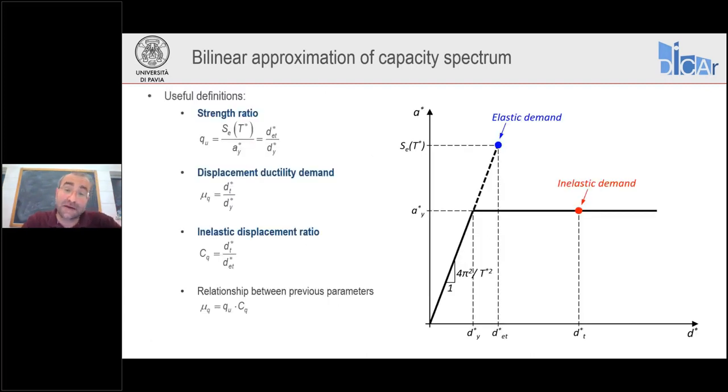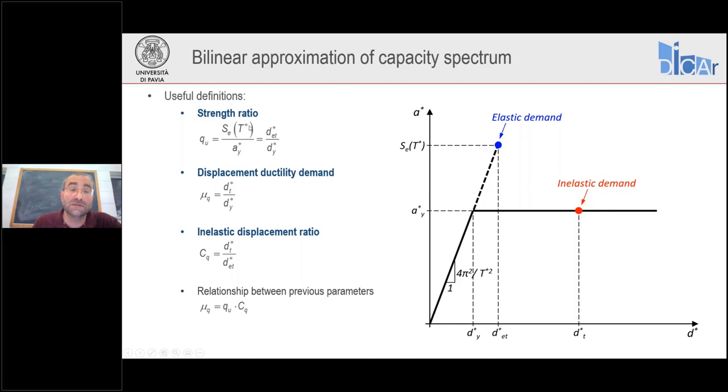At this point, once we have our bilinear relationship, we can define a few parameters that are very important for understanding what happens to the displacement demand on our structure. The first parameter is the strength ratio Q sub U. This is nothing but the ratio between the elastic spectral acceleration demand, SE as a function of T star, of the period associated with the elastic slope of the bilinear relationship, and the yield strength of our bilinear relationship.